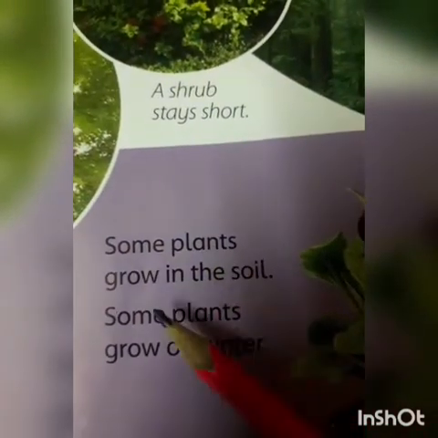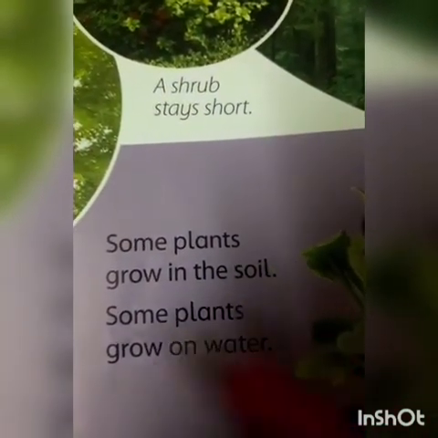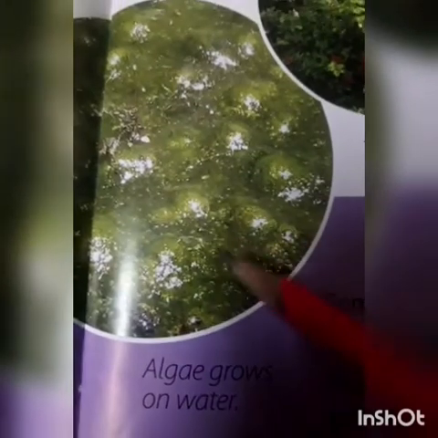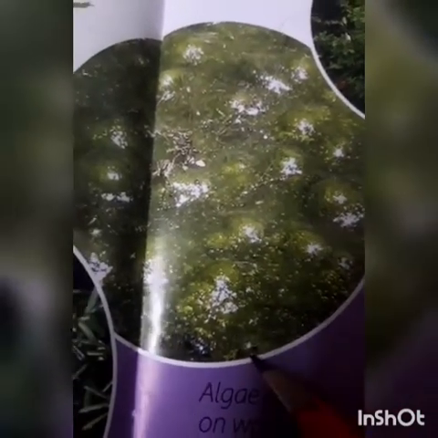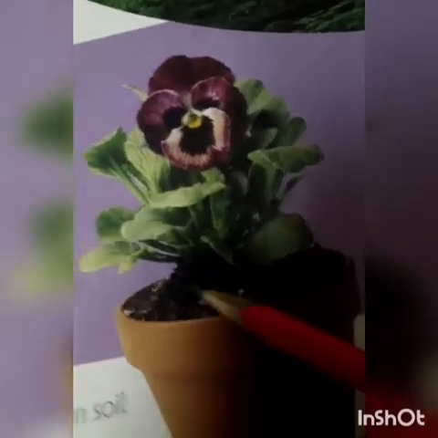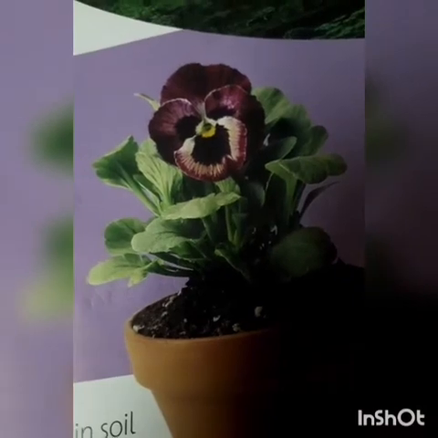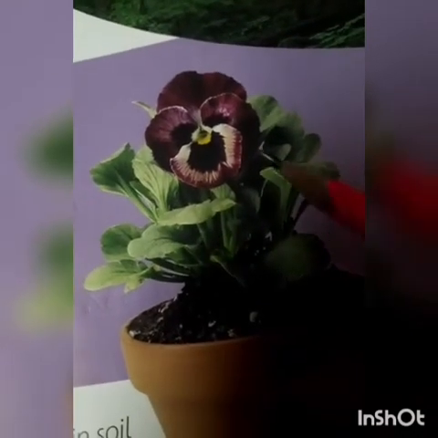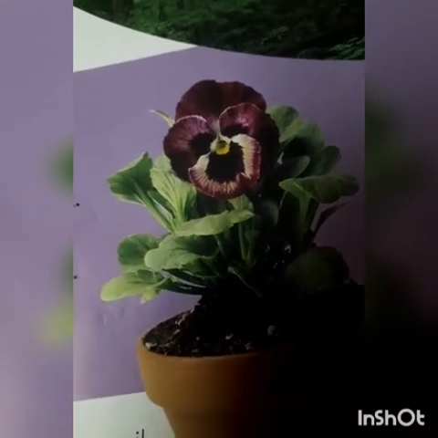Some plants grow in the soil, and some plants grow on water like algae. From soil we can get different plants, fruits and vegetables.